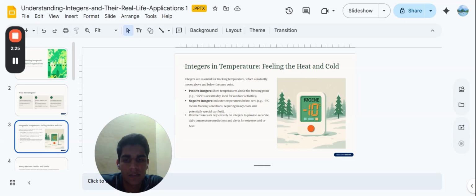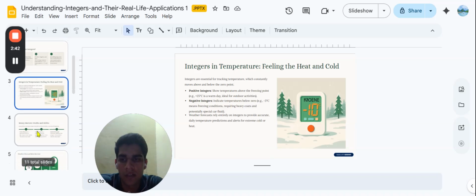To represent this, we use integers. Weather forecasts rely entirely on integers and provide accurate daily temperatures. So weather forecasting also makes proper use of integers.